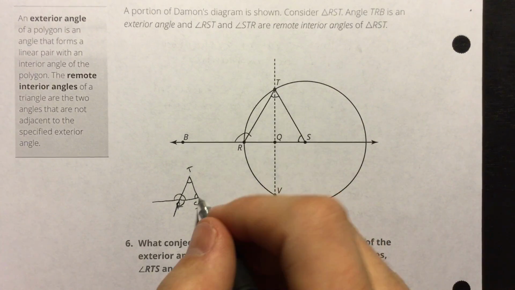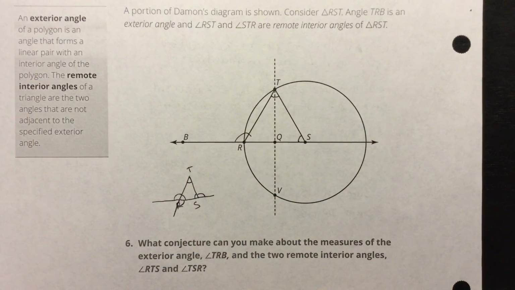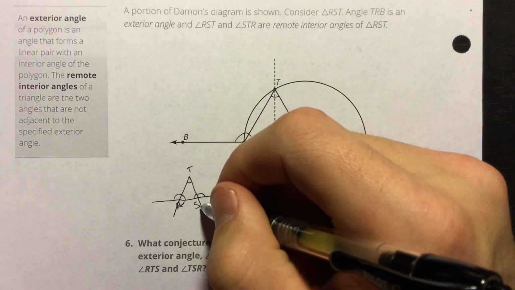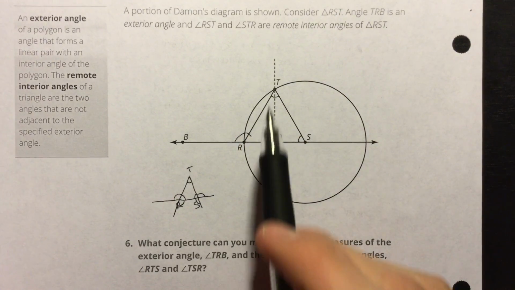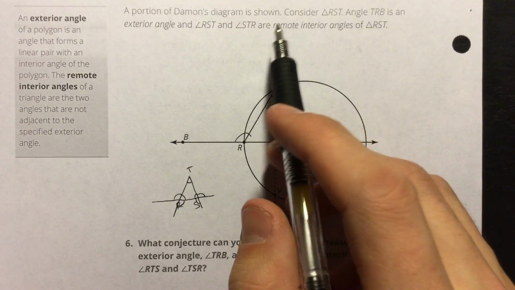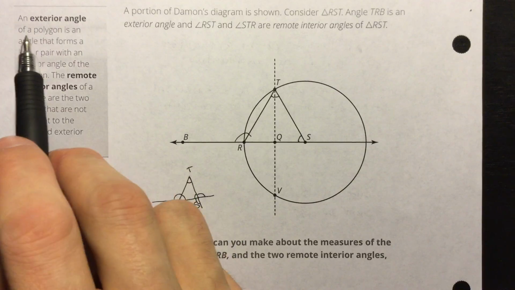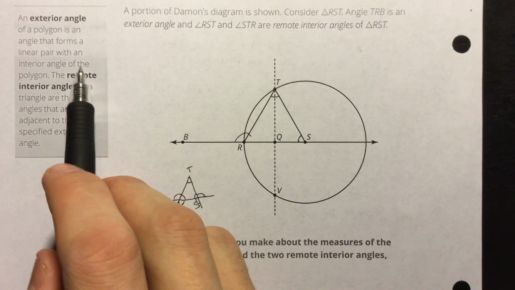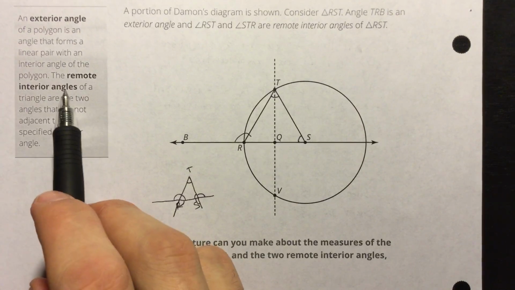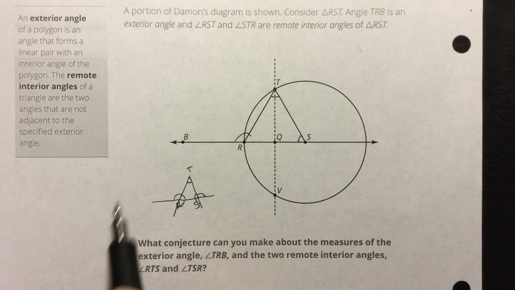So there's lots of exterior angles that we could create, and we could just keep extending lines and keep creating exterior angles. So that's exterior angles, and then remote interior angles. Both these definitions are over here as well. An exterior angle of a polygon is an angle that forms a linear pair with an interior angle of the polygon. The remote interior angles of a triangle are the two angles that are not adjacent to the specified exterior angle.